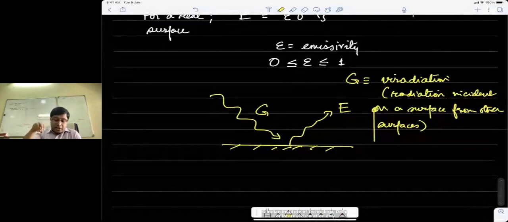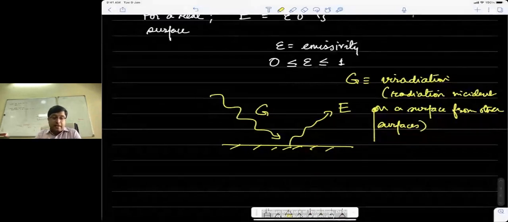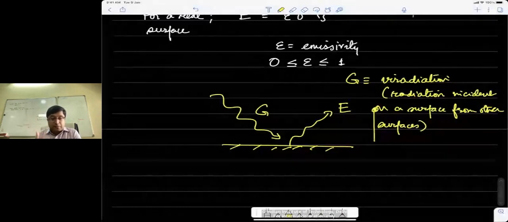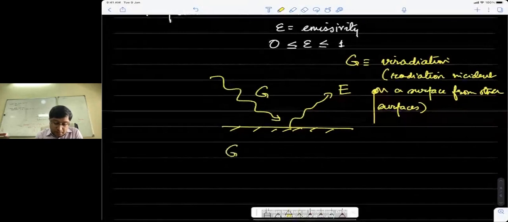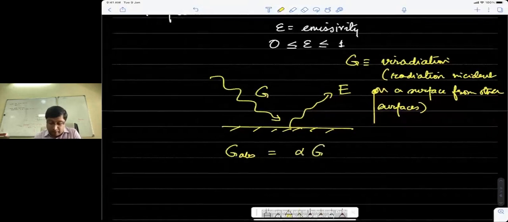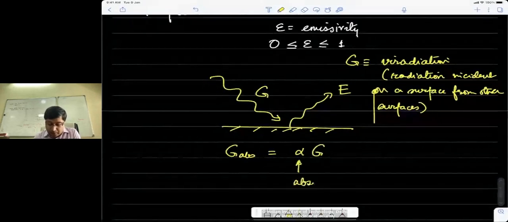Now, when you have incident radiation on a surface, it can either get reflected or absorbed. In special cases, it can also get transmitted. We are not worried about transmission yet. But typically, we will talk about incident radiation getting reflected and absorbed. So the absorbed amount of radiation, G_abs, is going to be some alpha times G, where alpha is what we call the absorptivity.